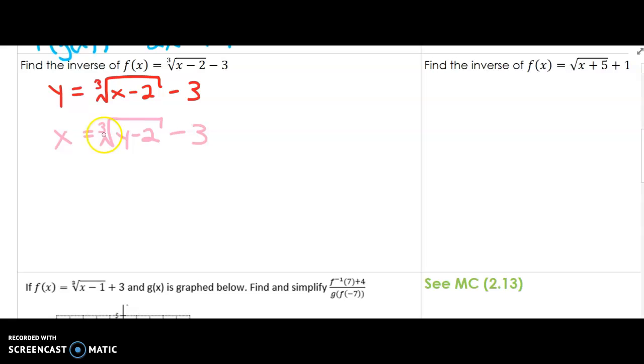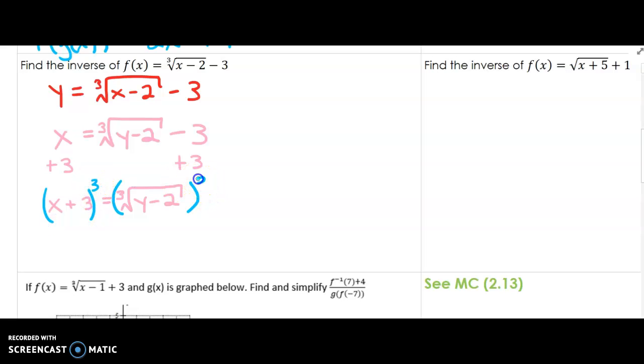And from here, my main goal now is to isolate y, to solve for y, because that is going to give me my inverse function. And so first I need to add 3 to both sides because I want to get my radical by itself. So I have x plus 3 equals the cubed root of y minus 2. In order to get rid of my cubed root, I need to cube both sides.